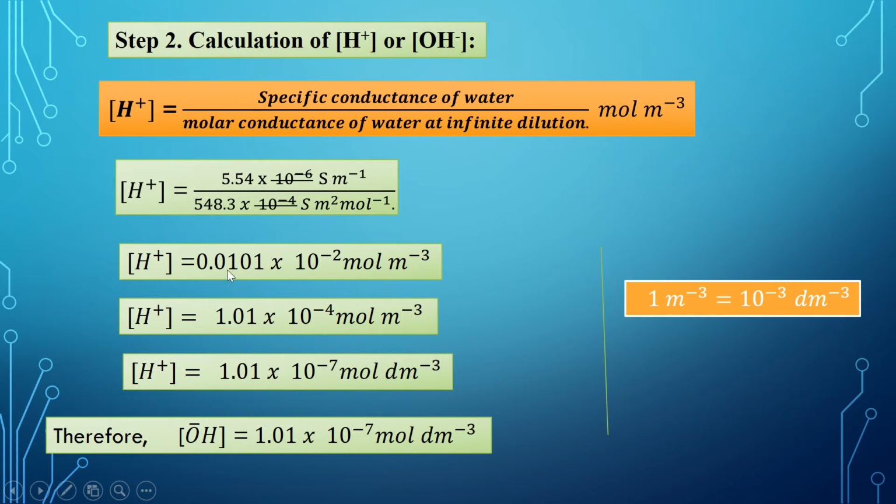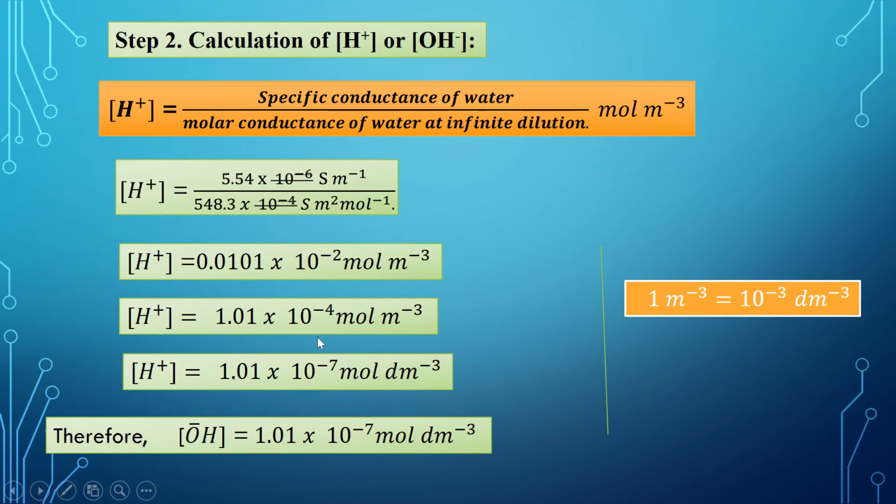So H plus is equal to, upon calculation, 0.0101 into 10 to the power of minus 2 mole per cubic meter, that is 1.01 into 10 to the power of minus 4 mole per cubic meter. So approximately we can write it as 1 into 10 to the power of minus 4 mole per dm cube, because per cubic meter can be converted into per dm cube as the conversion factor is 10 to the power of minus 3.